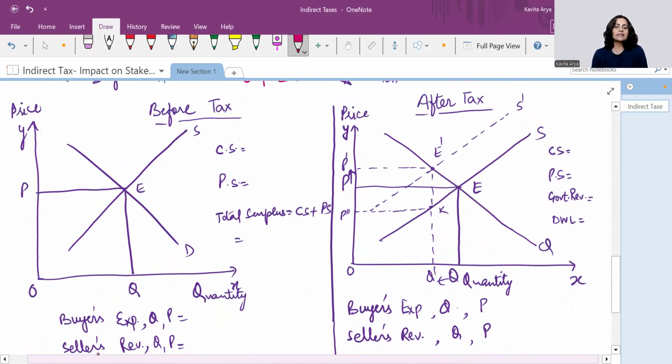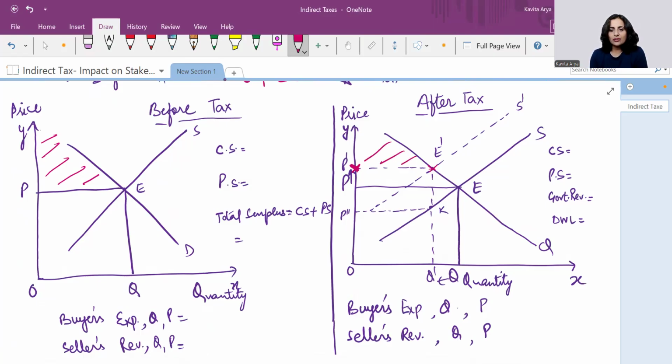So let's understand, do we have any sort of deadweight loss or any other component before and after tax? See, before tax, if we talk about the consumer surplus, let's have it. Consumer surplus before tax is this, the distance between the price line and the demand. Right. But after tax, what happens? After tax, see in this other diagram, the tax has shifted the supply curve to the left. So now buyer is giving this price for this quantity.